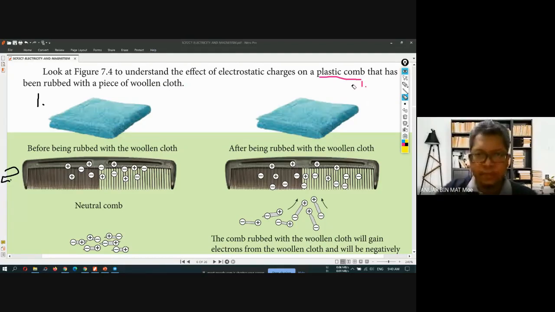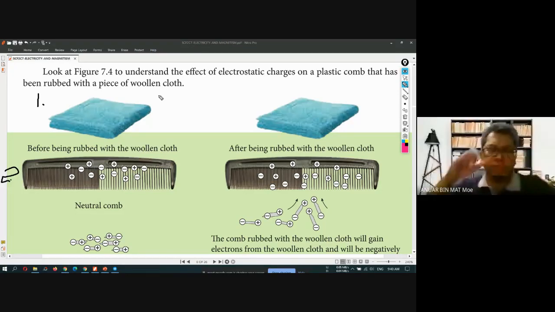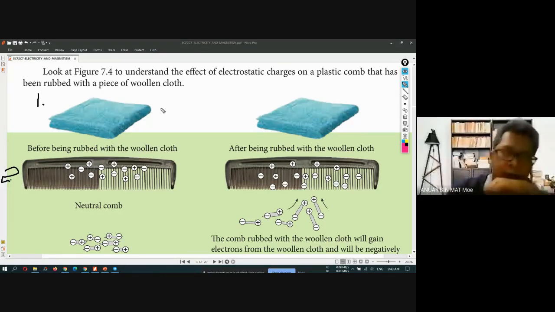First, before we rub, the picture on the left. We do it together. At the woolen cloth, before we rub the plastic comb, what do you think the amount of charges here?